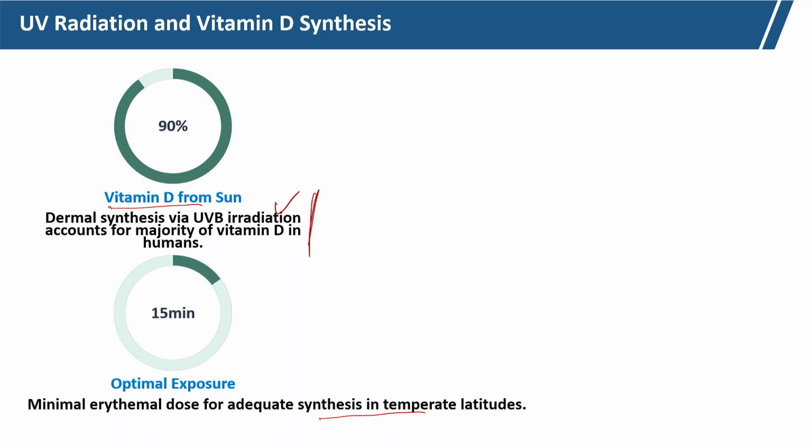So, that is 15 minutes, the optimum exposure under the sun which is required to develop the vitamin D in our body.